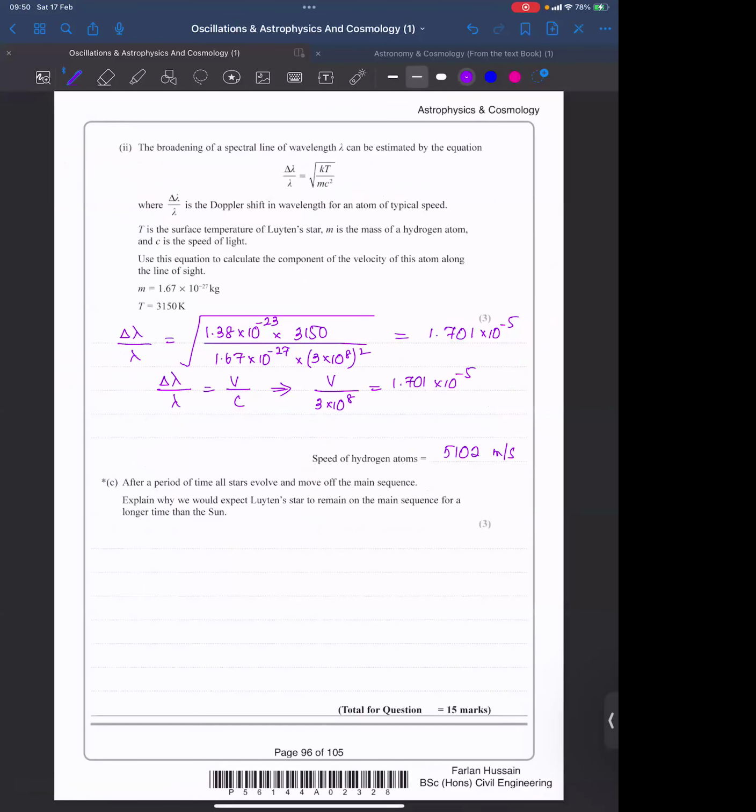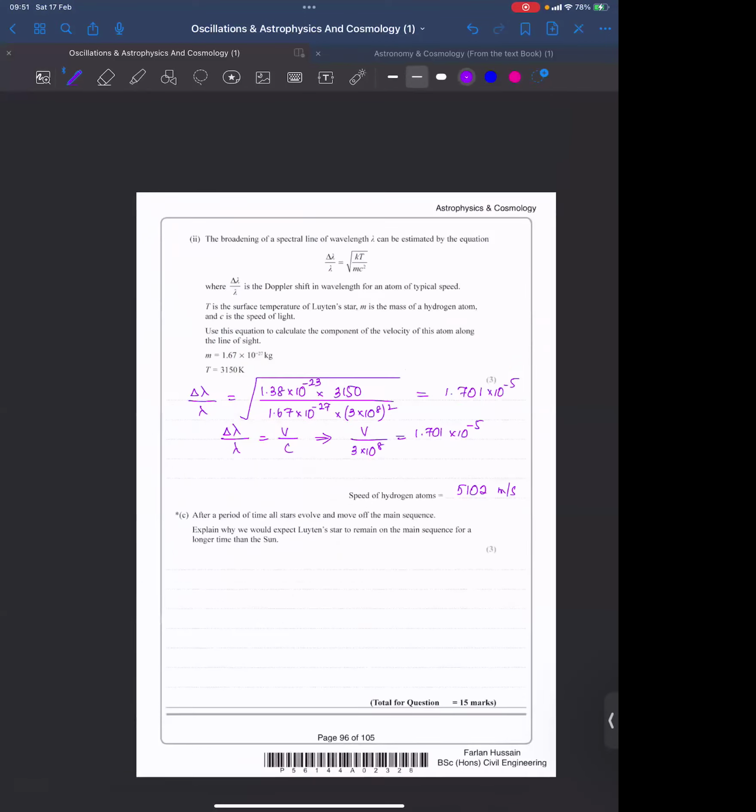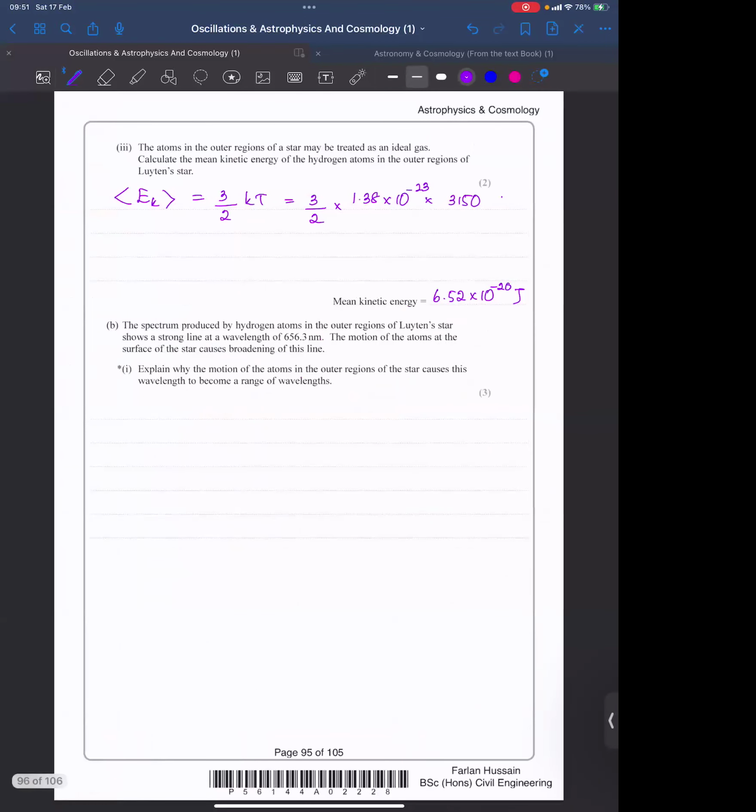It is a low mass star, which is in the main sequence, and it has a temperature lesser than the temperature of the sun.